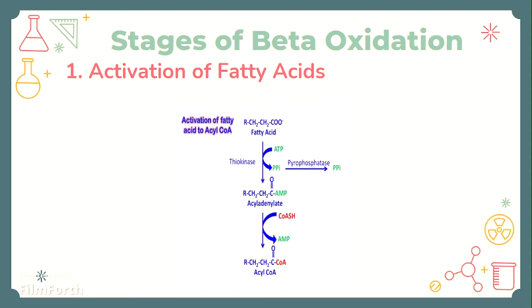Fatty acid then reacts with ATP to form acyladenylate, which then combines with coenzyme A to produce acyl coenzyme A. Two high-energy phosphates are utilized since ATP is converted to pyrophosphate. The enzyme inorganic pyrophosphatase hydrolyzes pyrophosphate to phosphate. The immediate elimination of pyrophosphate makes this reaction totally irreversible.